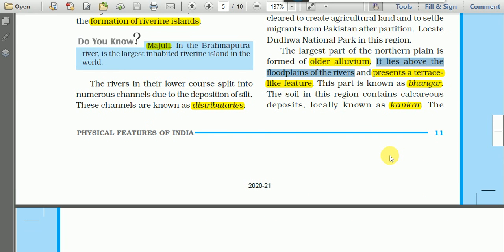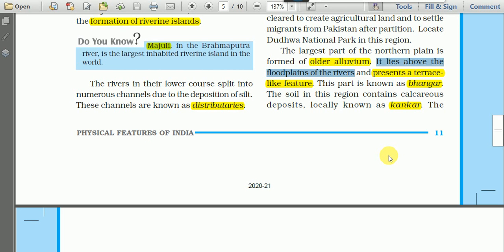Remember, this bhangar refers to the older alluvium soil, khadar refers to the newer alluvium soil, and khadar is more fertile than the bhangar, because khadar lies nearby the river banks in the floodplains, in the low-lying areas.